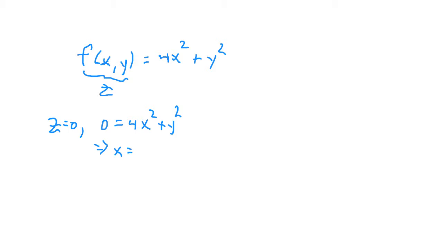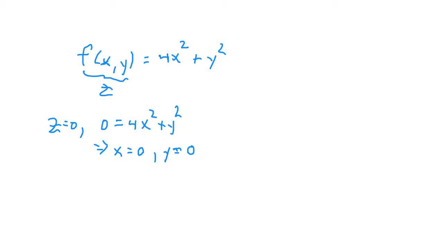What are the only values of x and y that satisfy this? That's right, Logan. Both x and y have to be 0. So x would be 0 and y would be 0.